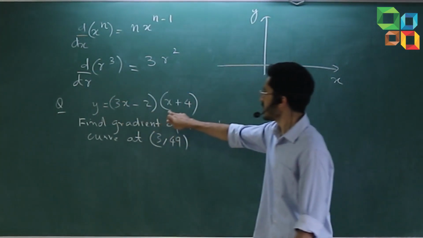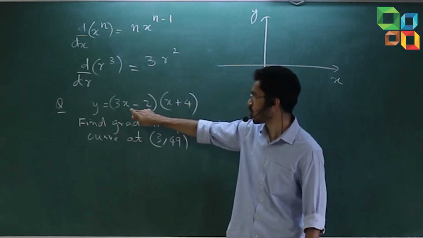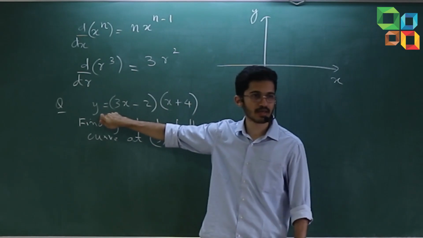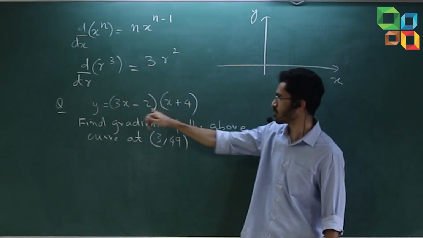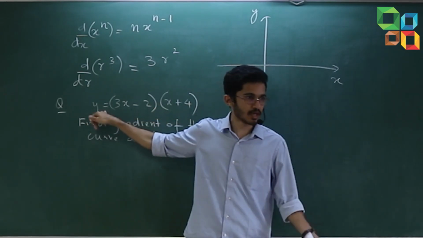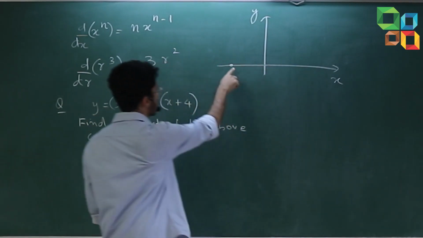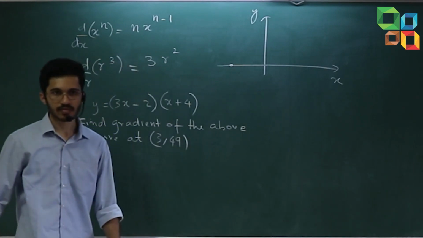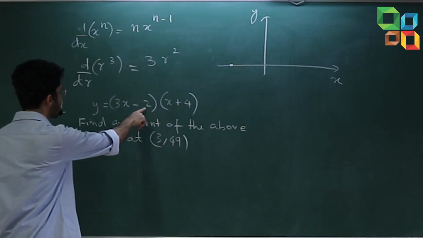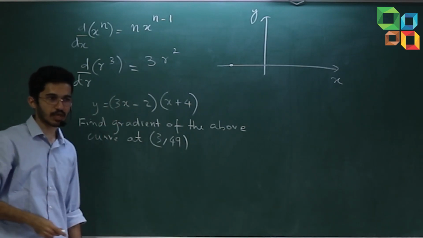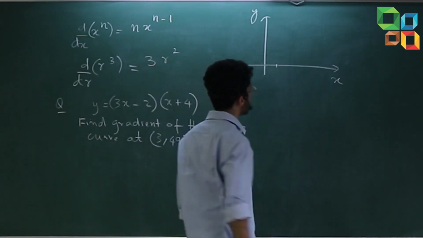You see that this takes the value 0 when x is minus 4. If x is minus 4, what's the value of y? 0. So when x is minus 4, y will be 0, so this is a point that lies on the curve. And when x is plus 2 by 3, you get 2 minus 2, again y becomes 0.